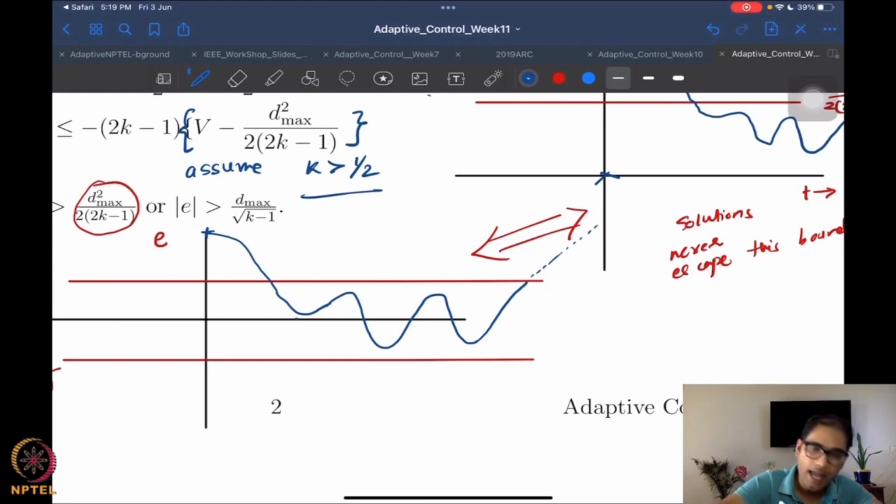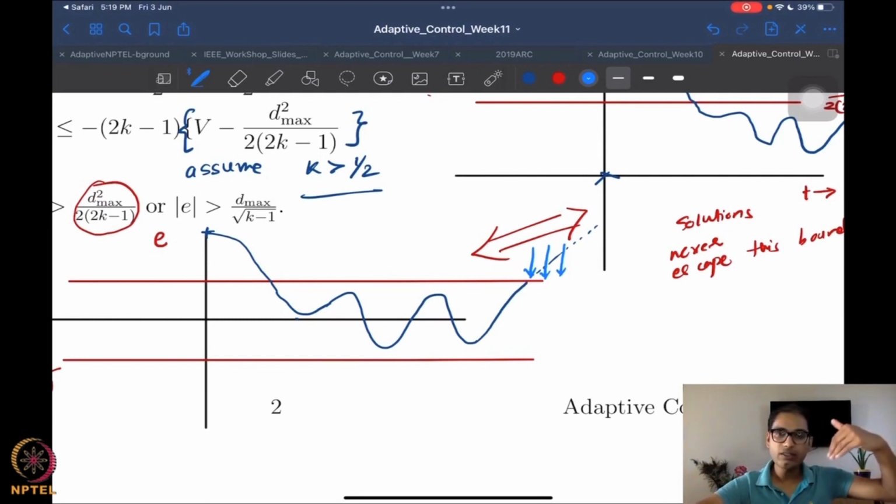But notice what happens at this corner, the vector field, when you get to this boundary. Your v is decreasing, which means e has to decrease right across this boundary. As soon as you cross it, almost instantaneously, e has to decrease, because v has to decrease.